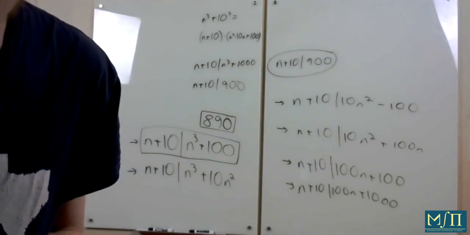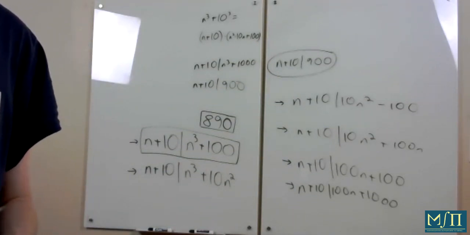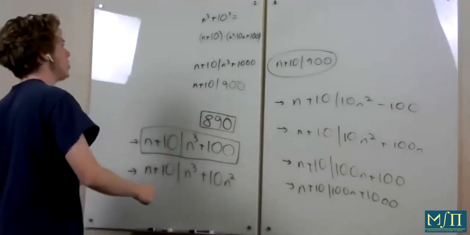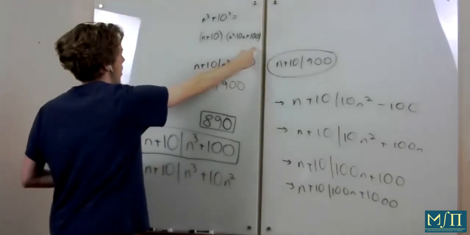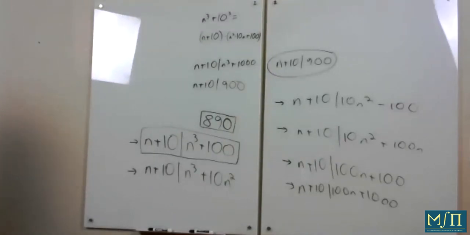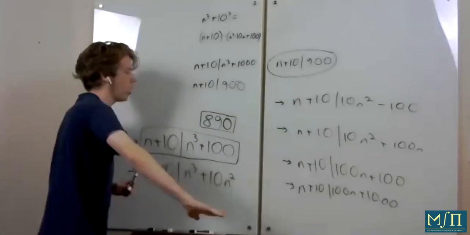Oh, and the thing someone put in, yes, that is the alternative way of doing that. Yes. So n plus 10 times n squared minus 10n plus 100. That is definitely an easier way, instead of getting rid of the cubic terms one step at a time, you get rid of it all at once.